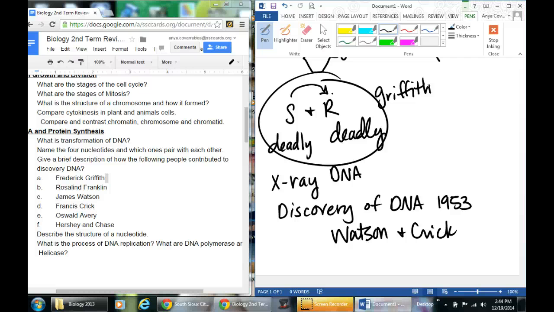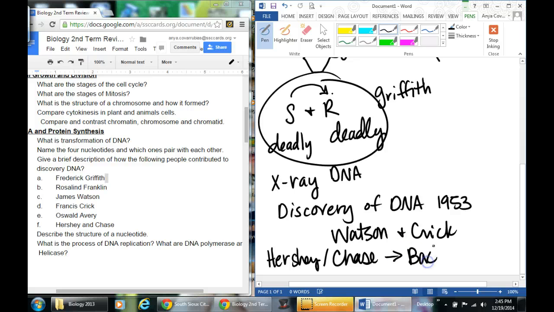And then Hershey and Chase were kind of the last ones that made a contribution, and they used bacteriophage. And bacteriophage, it has the word bacteria in it, but it's actually a virus. And it's the little robot-looking man that looks like this, that attaches to a cell and drops its DNA in there. And they were able to see that bacteria infected with the bacteriophage would receive the DNA from that virus.